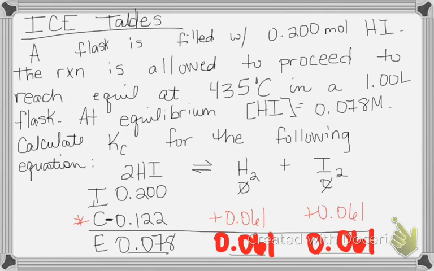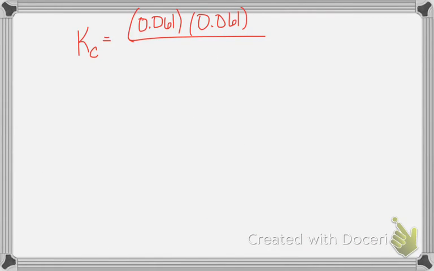So for the equilibrium constant, Kc, I'm going to take the concentration of hydrogen, which is 0.061, times the concentration of iodine, which is also 0.061. And I'm going to divide that by the concentration of HI, which is 0.078.